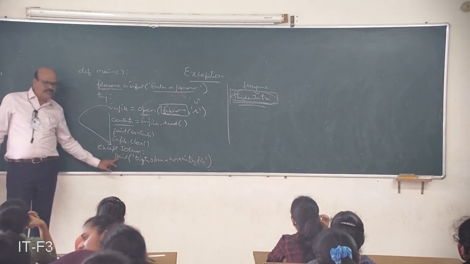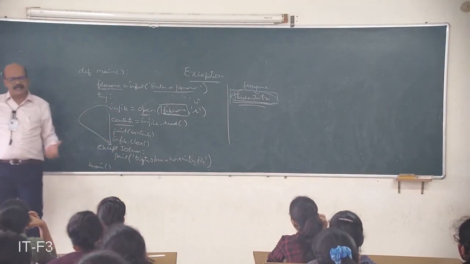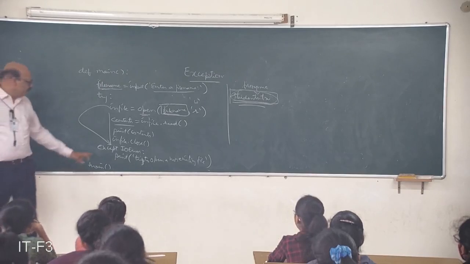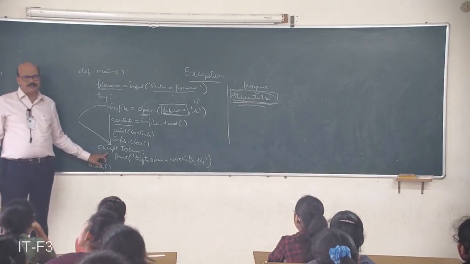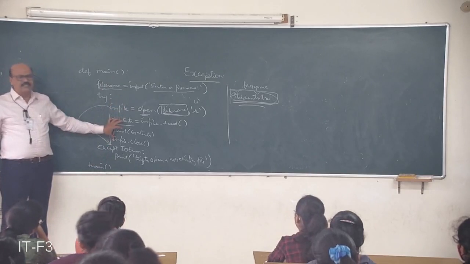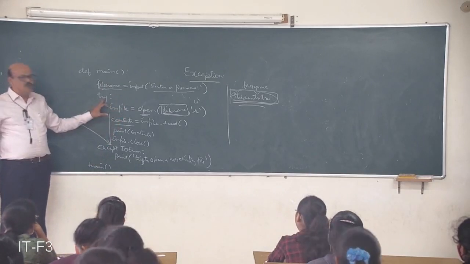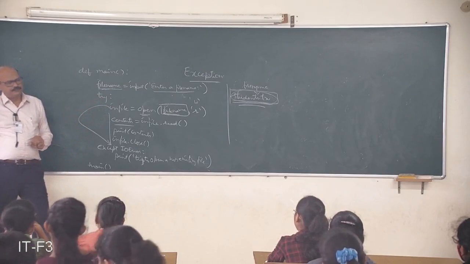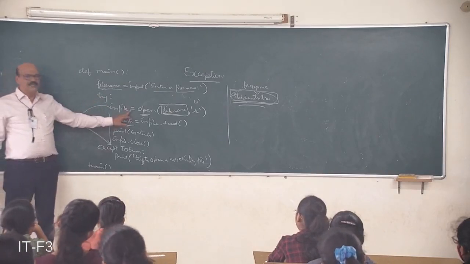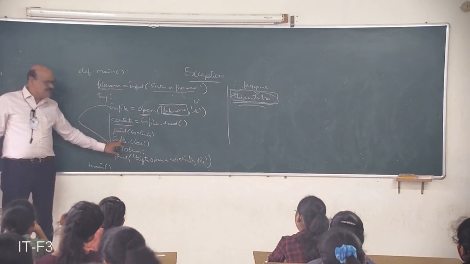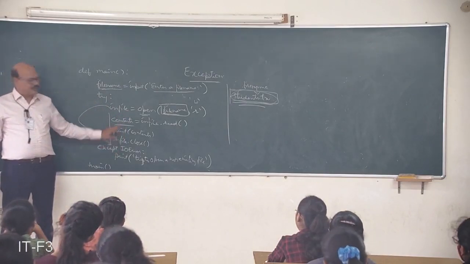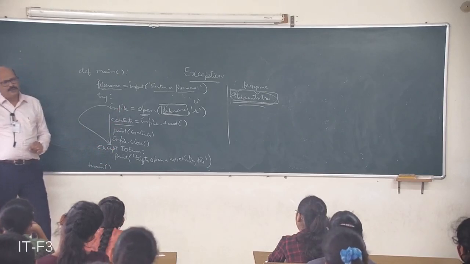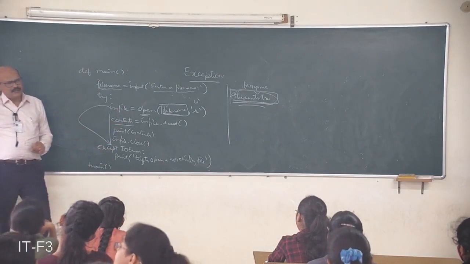That alternate path is known as exception handling code, and we need to write that exception handling code in the except statement. The statements which are suspicious of raising exceptions, you have to write them in the try block. Whenever an exception is raised, the remaining statements in the try block won't get executed. The control jumps to the except block. That is what you have to understand.